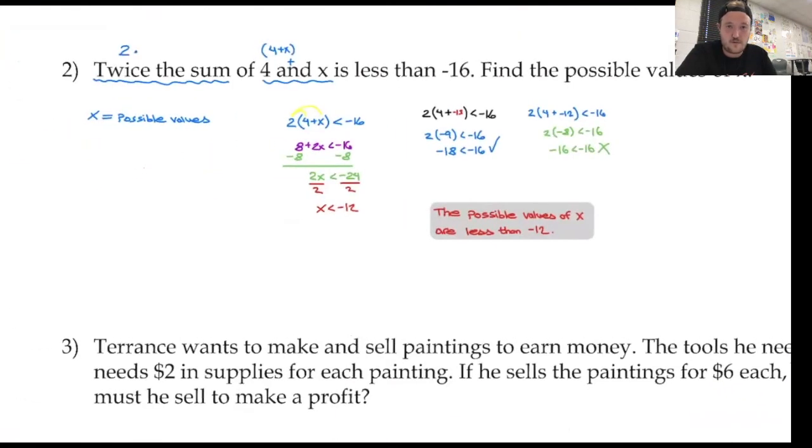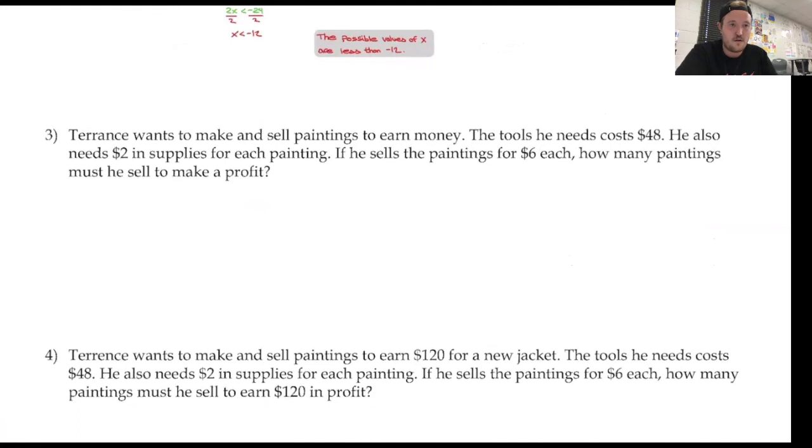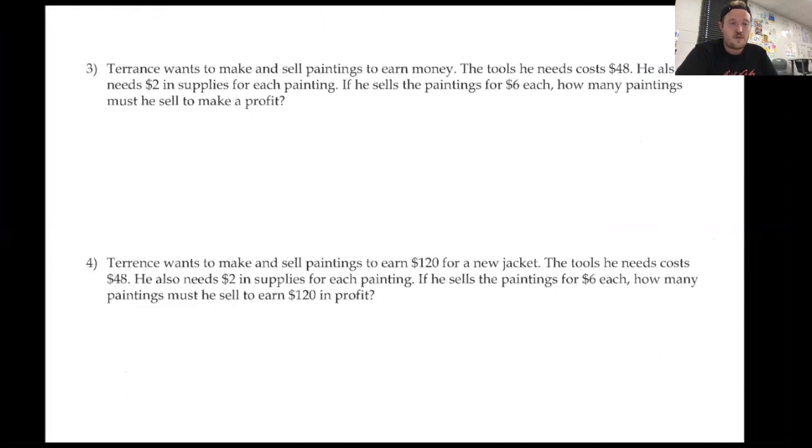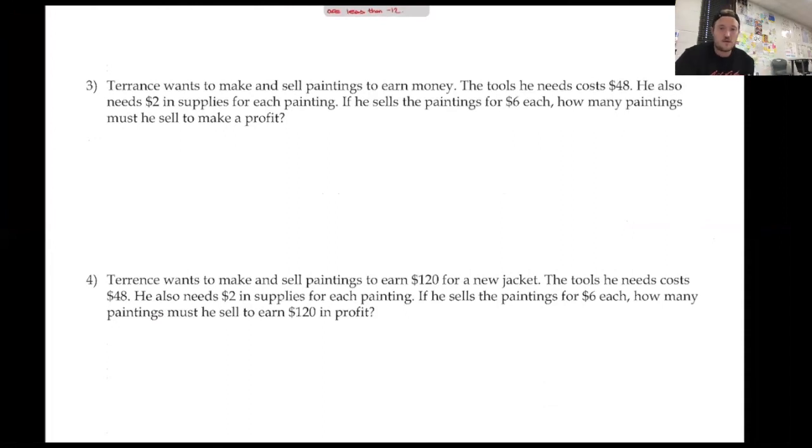So once again, I don't need a full essay, just an actual sentence. Okay, so I will say 3 and 4 are very similar. There's just a little bit of vocab that needs to be emphasized.